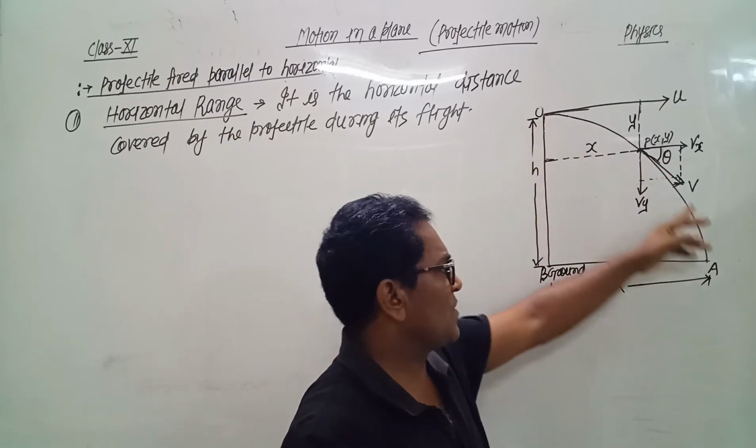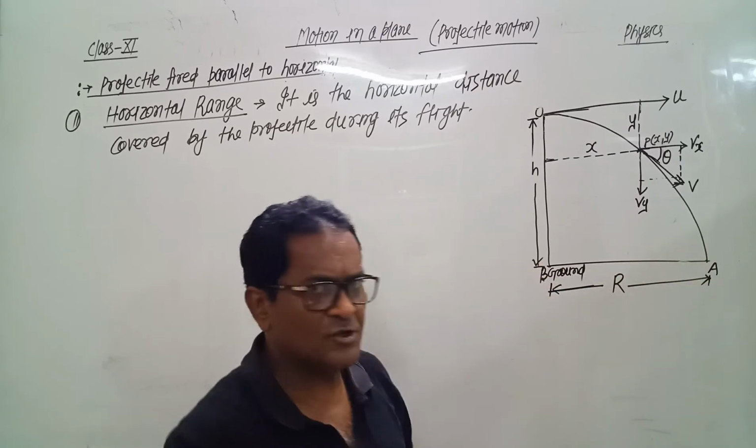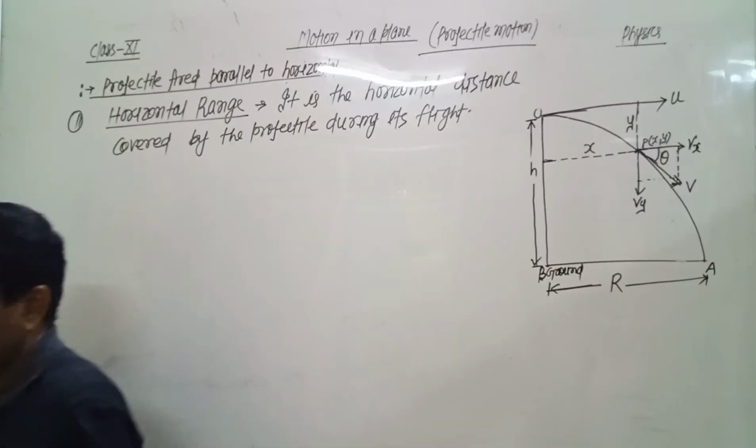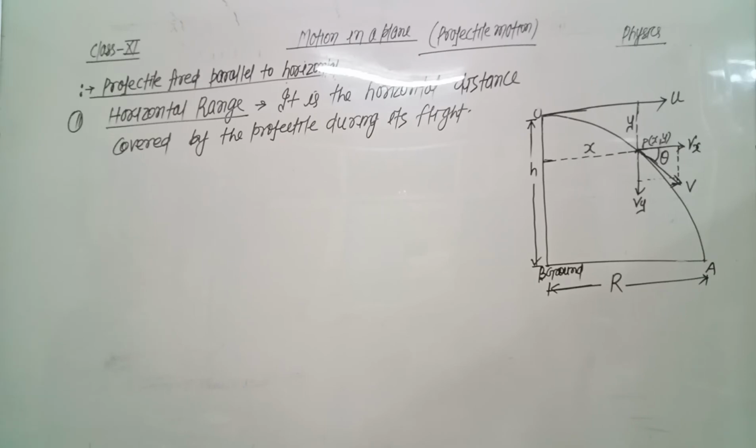When the particle reaches from O to A, the maximum horizontal distance covered is BA, and BA equals R.